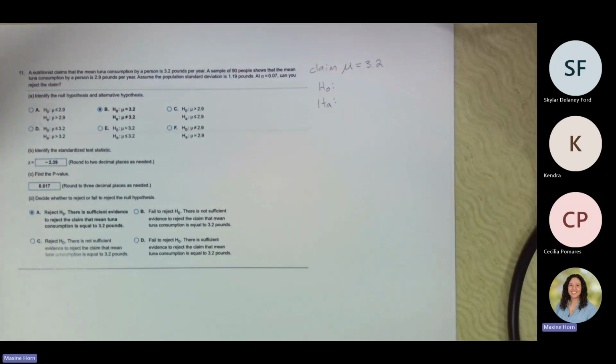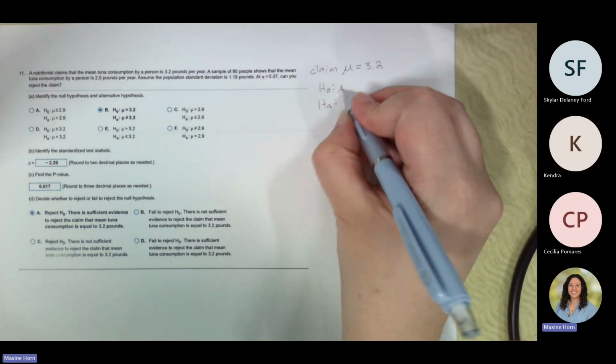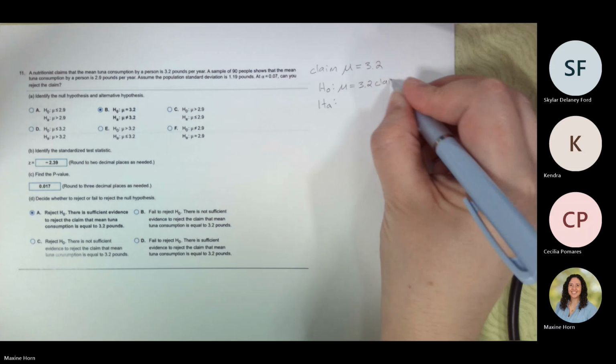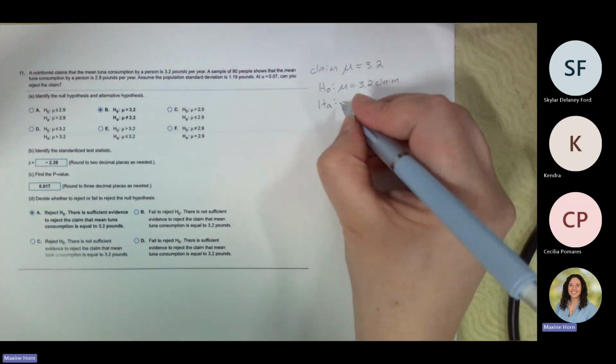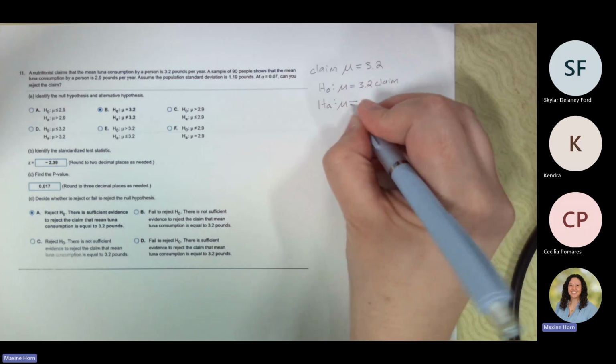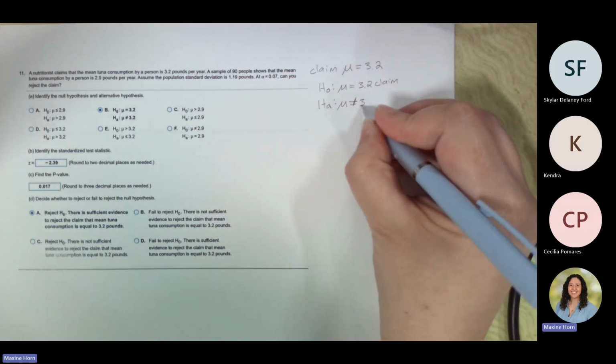Remember, the null hypothesis has some type of equality in it, whereas the alternative hypothesis always has a strict inequality. This has equality, so that makes it the null hypothesis. Then we do the complement of that for the alternative hypothesis. The complement of equals is not equals.